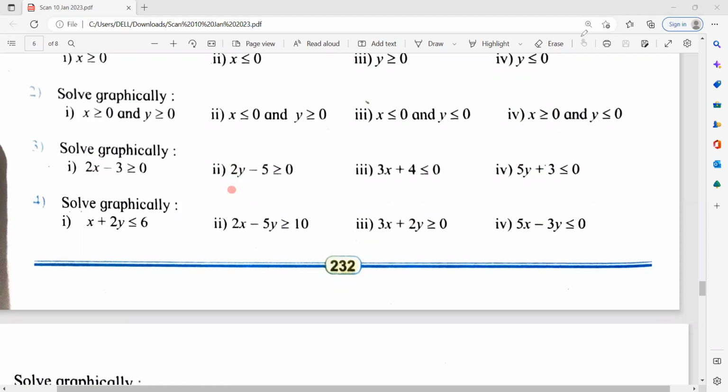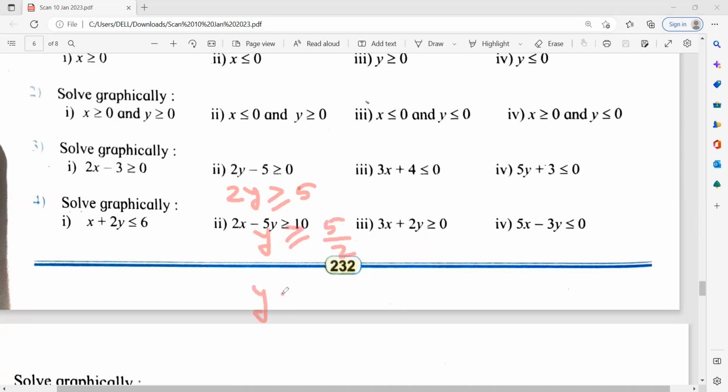In the next step, you will write 2y greater than or equal to 5. So you will write 2y equal to 5, the equation, and 2y greater than 5, the inequation. In the next step, you will write y greater than or equal to 5 by 2.